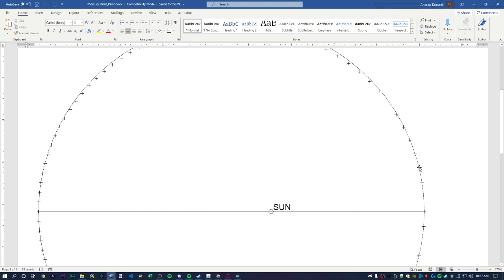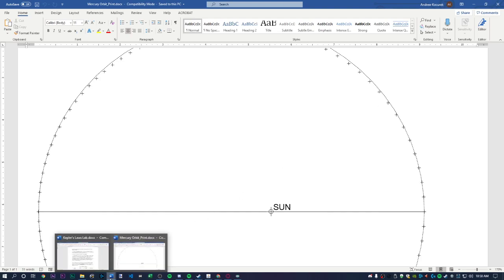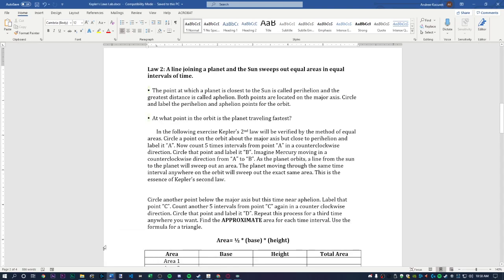You have to take the vertex that is opposite of your base and draw it straight down and have it perpendicularly, if that's a word, intersect with the base. So that's all I can give you from that. I hope I explained it well enough because I can't really draw on a document file, you know.